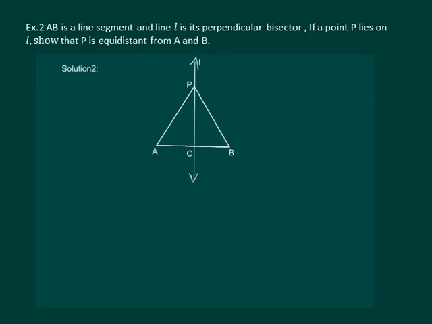Let us read the question. AB is a line segment and a line L is perpendicular bisector of it. If a point P lies on L, show that P is equidistant from A and B. In other words, we have to prove that AP is equal to BP when L is perpendicular bisector of the line segment AB.